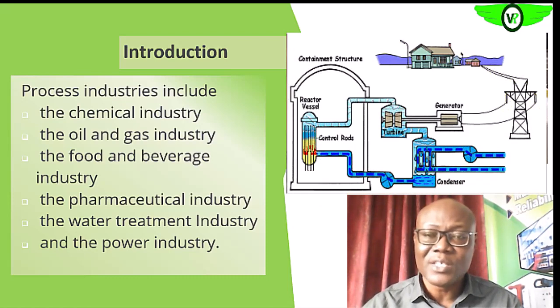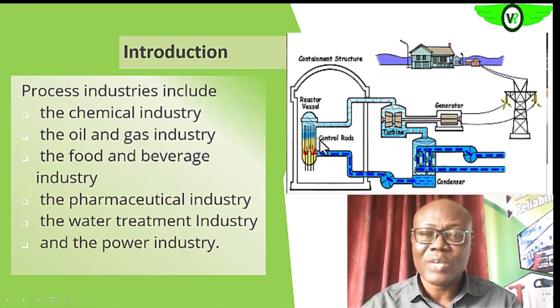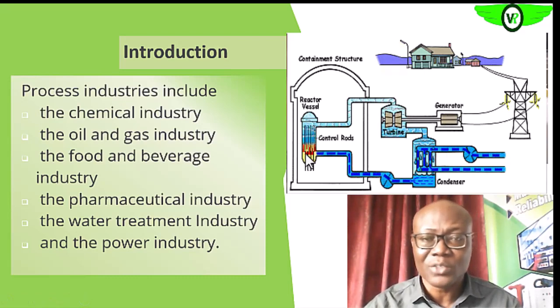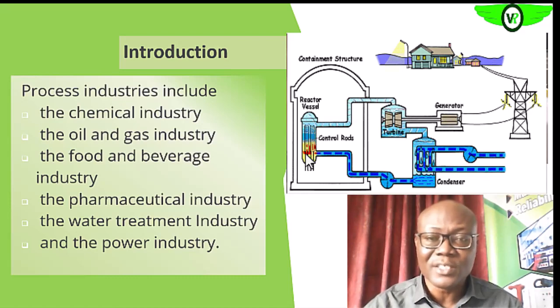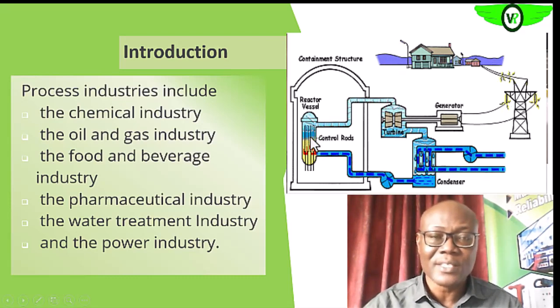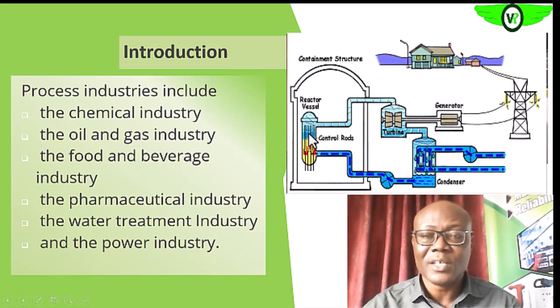So as you can see on your screen, we have a reactor where radioactive fission or fusion reactions take place. The heat that is released is harnessed to heat up water, as you can see in a boiler. This helps to generate steam.